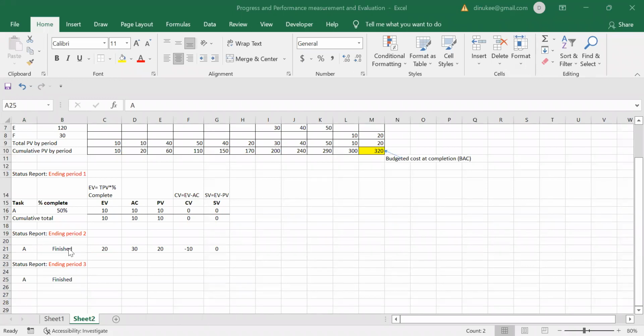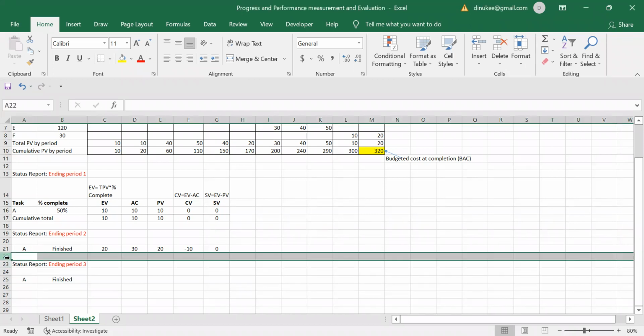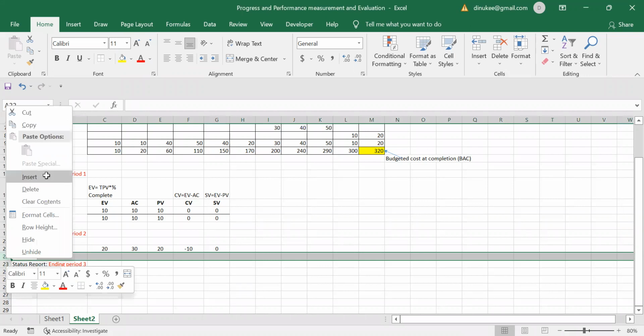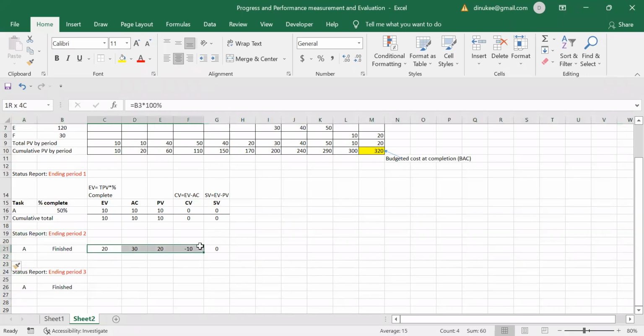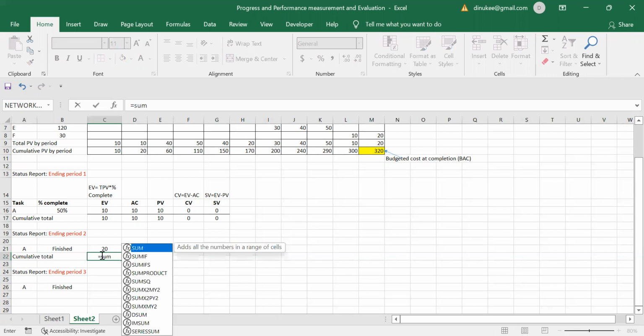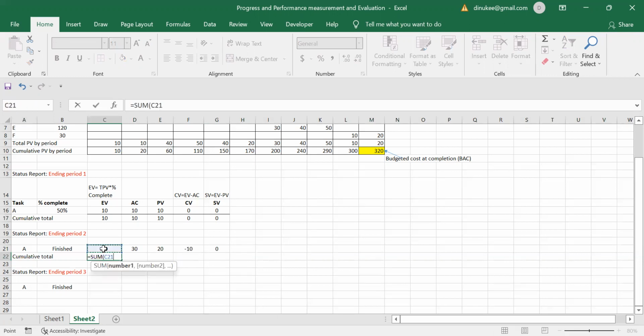Thank you for remembering. I asked you to take the cumulative of all these values at the end. So take this cumulative total. You have to take the cumulative here. Only one value is there, but you have to take the cumulative, right?